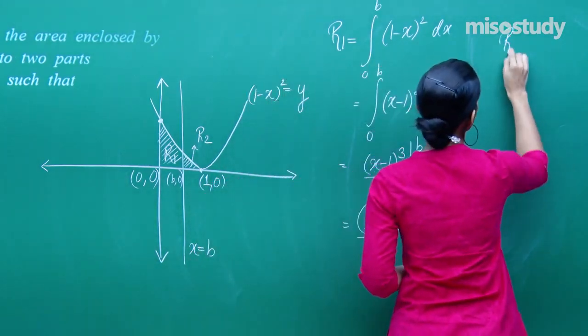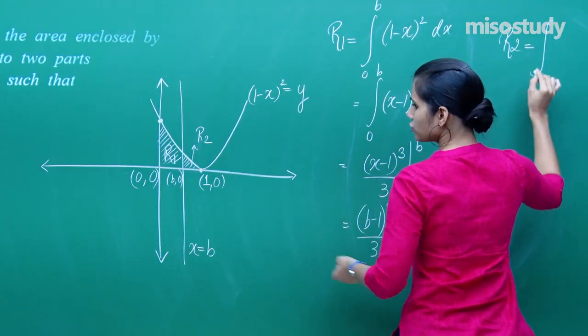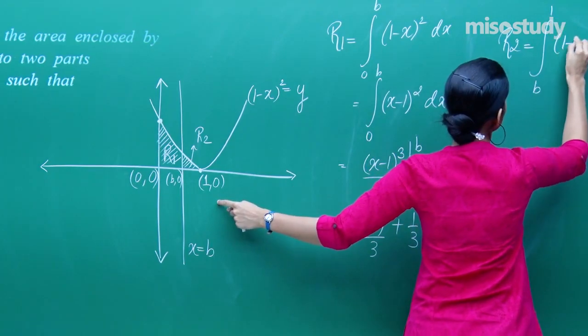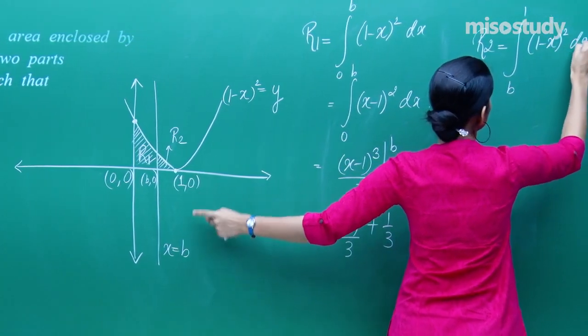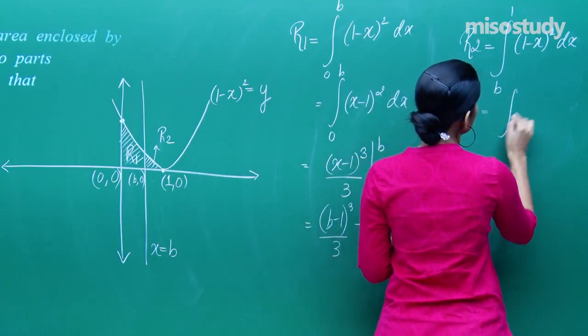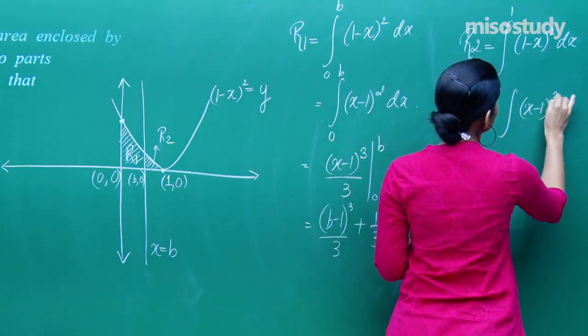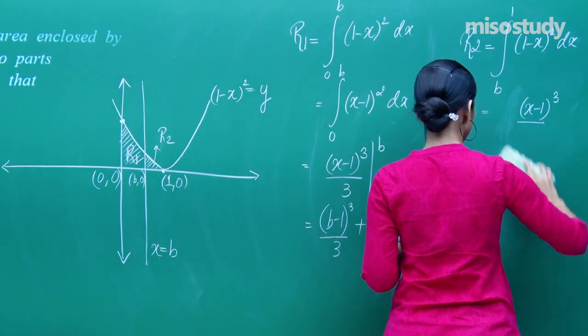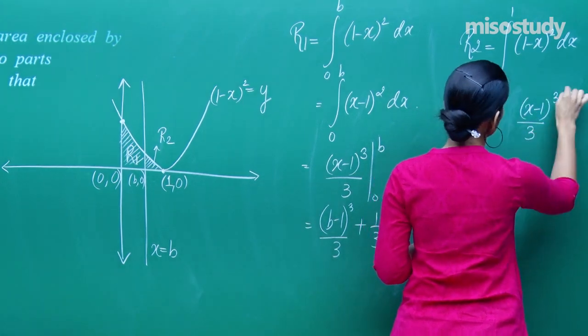And what is R2? R2 is from b to 1, again 1 minus x whole square dx. So this again you can interpret like this. This integral I am directly evaluating.